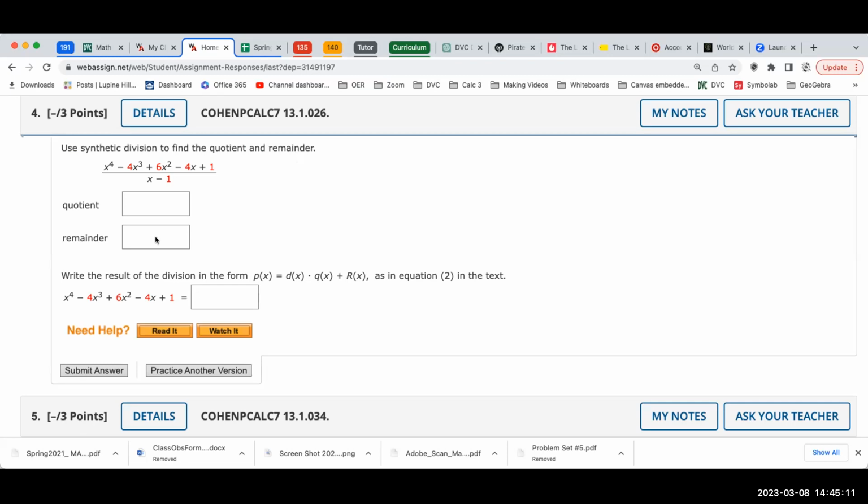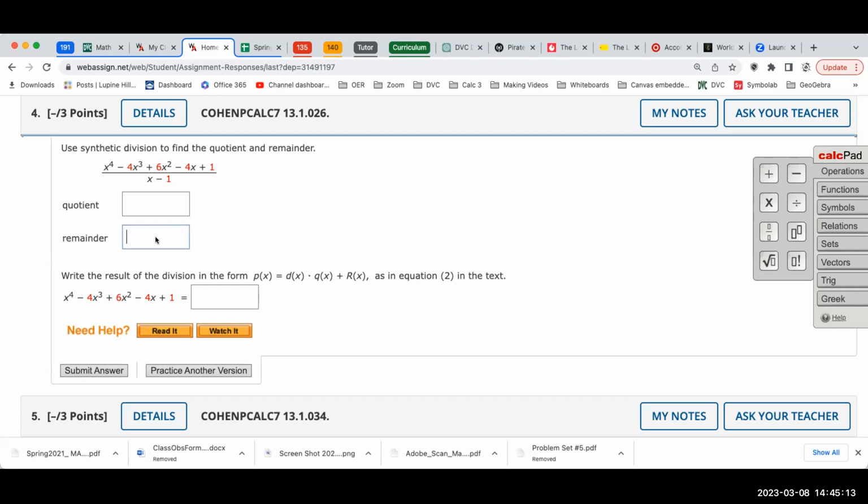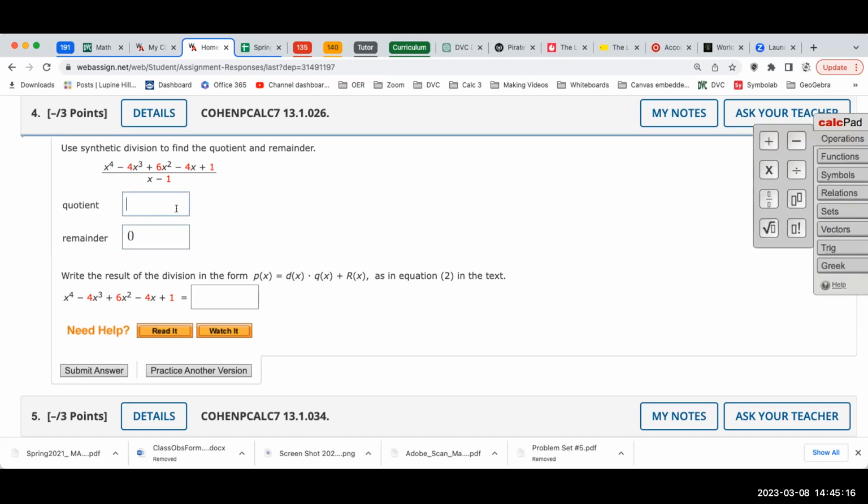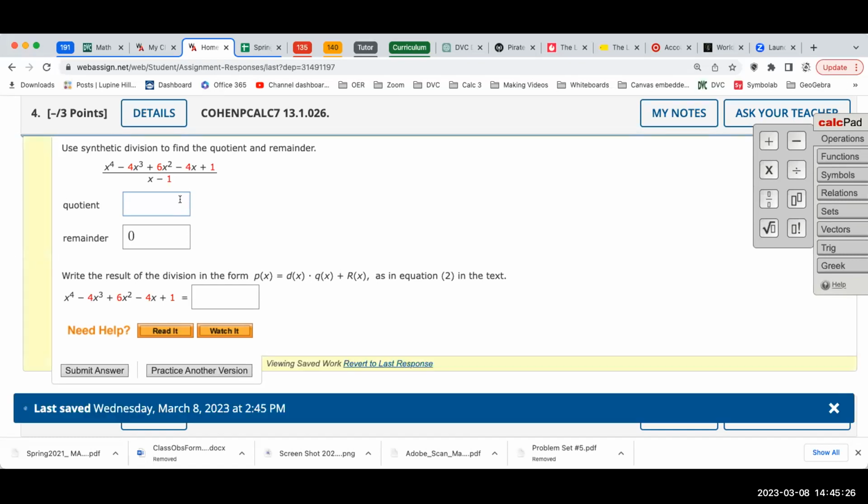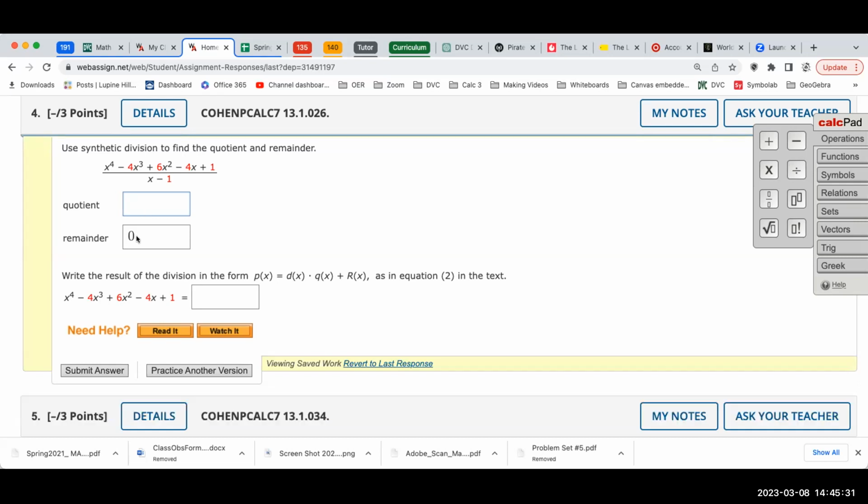So I would put the remainder there, 0. And then here, I'm gonna put the g of x that I got. So when I do synthetic division, I'm gonna put here that polynomial that I get, and then the remainder 0.